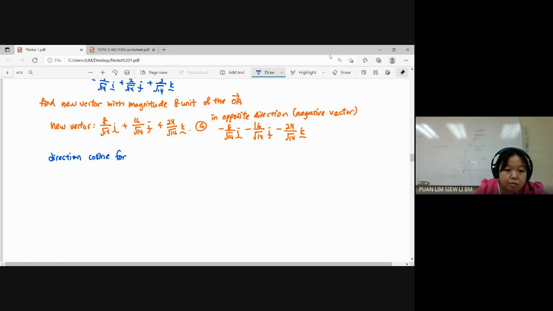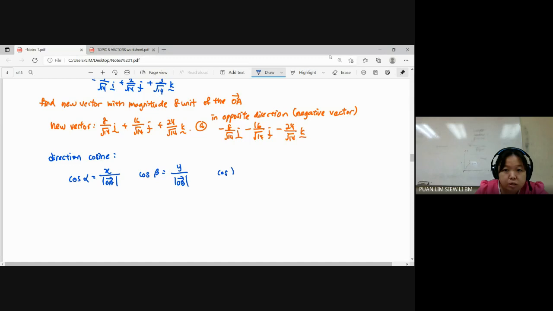So, kalau saya nak buat direction cosine OA apa maksud? Okay, so kita tengok formula dulu ya. Direction cosine formula. Cos alpha adalah X per magnitude OA. Then cos beta is Y per OB.